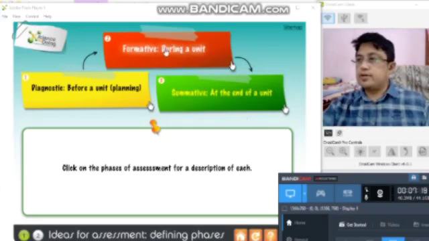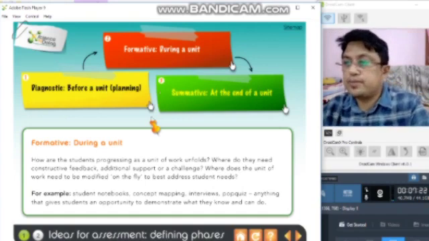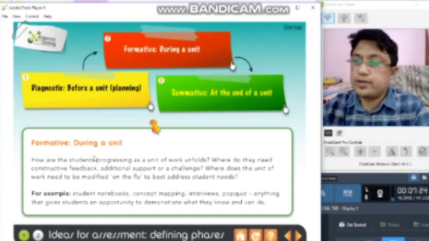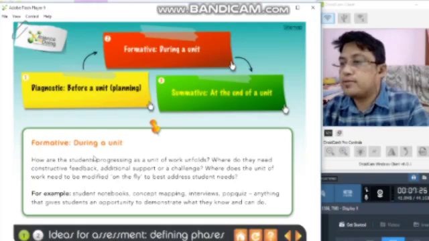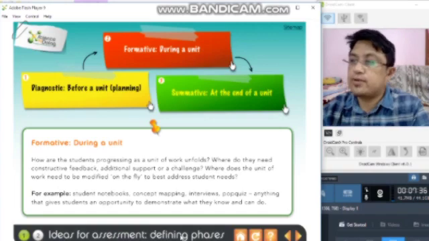Let us see what is here: formative, during the unit. What does that mean? Let me read it out for you so that we can discuss together. Formative during a unit: How are the students progressing as the unit of work unfolds?